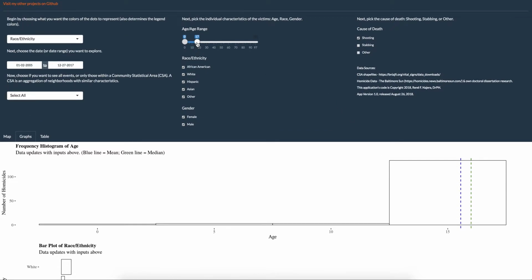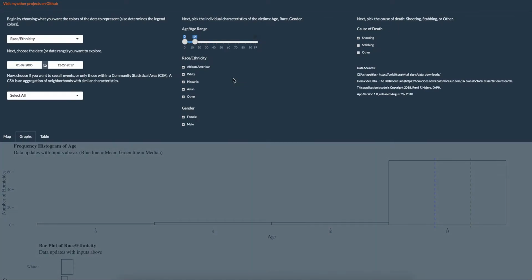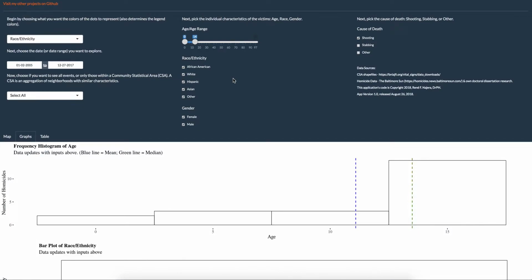In fact, that kind of makes you wonder if you bring it to below 15, how does that change? And here you go, you have a little more, and this is because they're still in that bin. So this is 0 to 5, 5 to 10, 11 to 15, so they're still in that bin there.